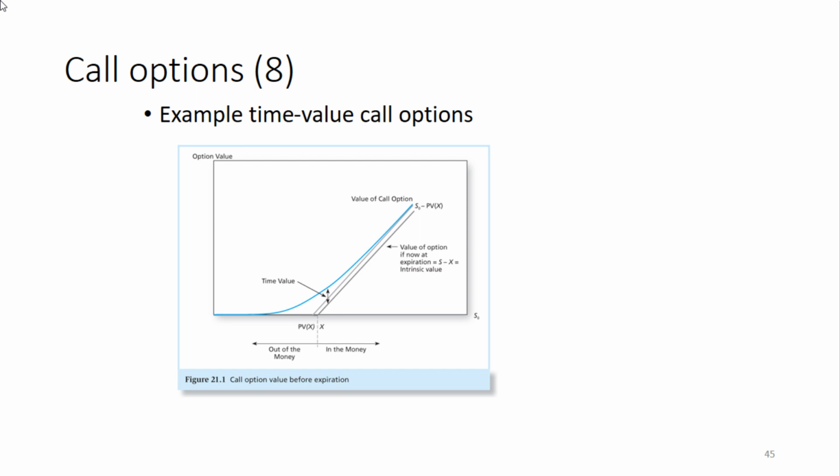So I believe that the option can increase in value because there is still time to increase. The difference between the black line and the blue line is the time value of the option, and you see that it can be quite large. So do not only look at the intrinsic value, but also at the time value, the possibility for options to assume higher values in the future.